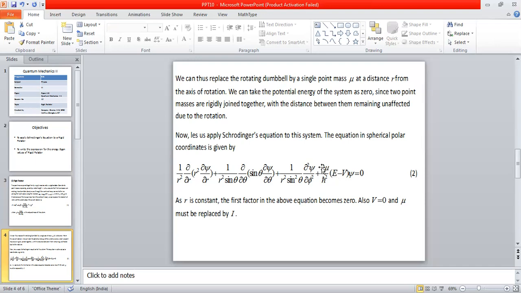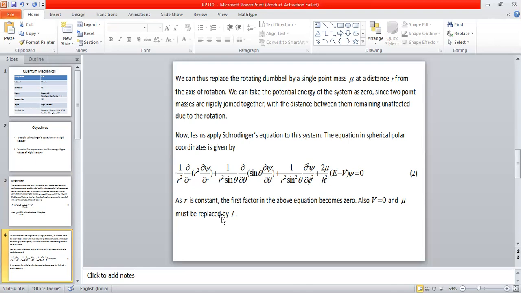But here, since we are considering two particles of comparable masses, the mass should not be either m1 or m2, it should be mu, the reduced mass of the system. So the Schrodinger equation as applied to the rigid rotator is given by this expression.